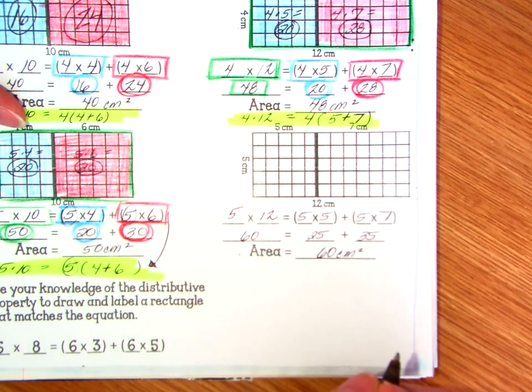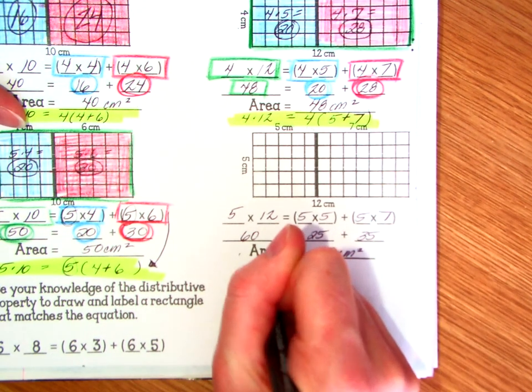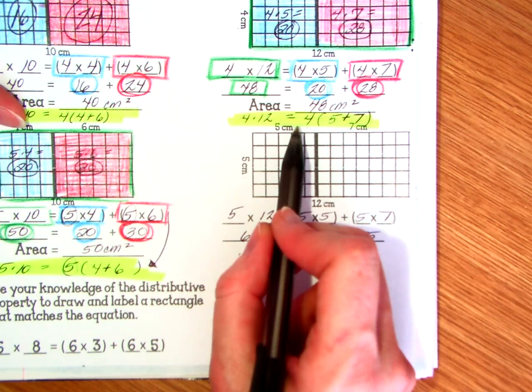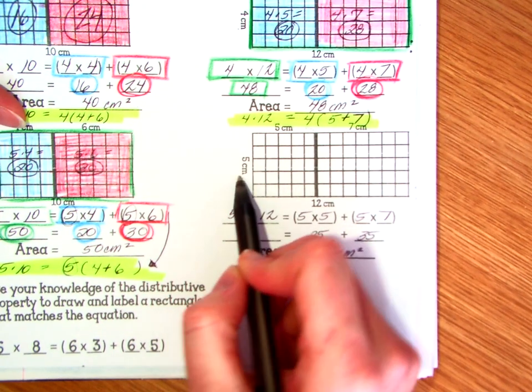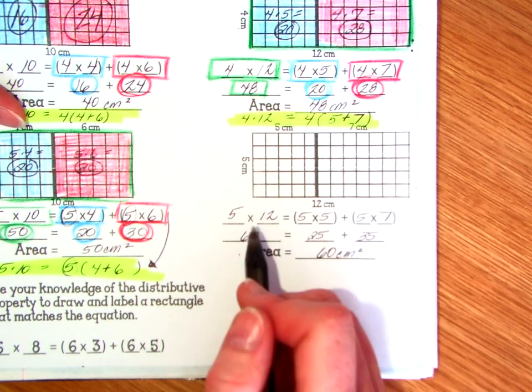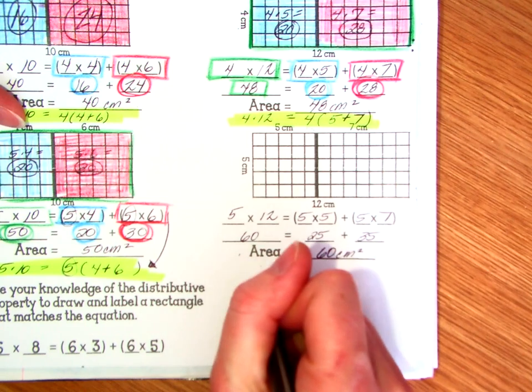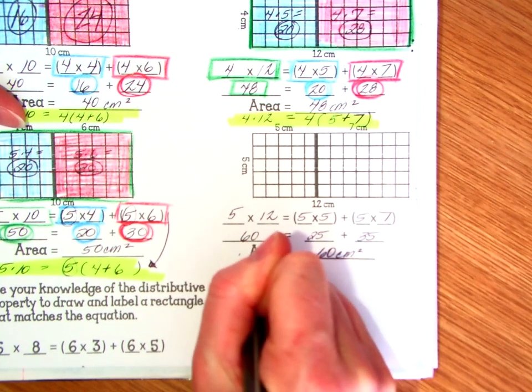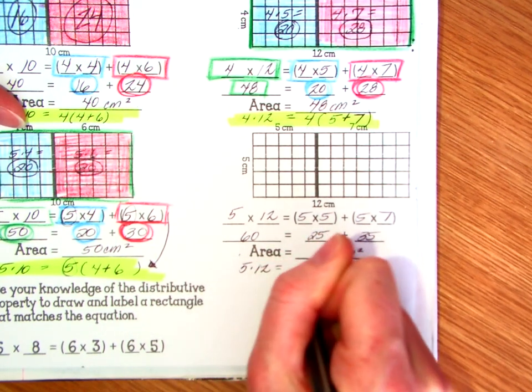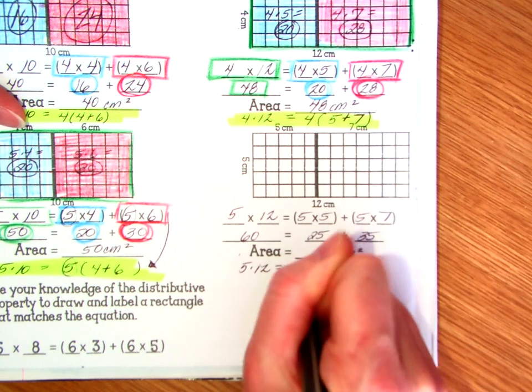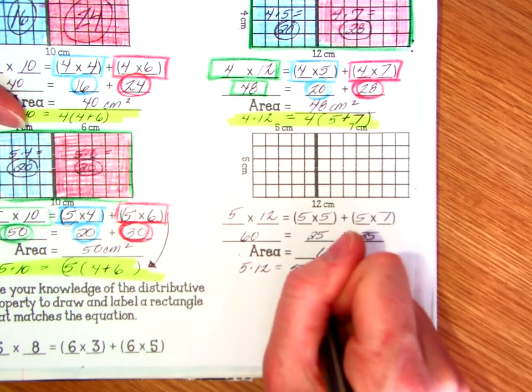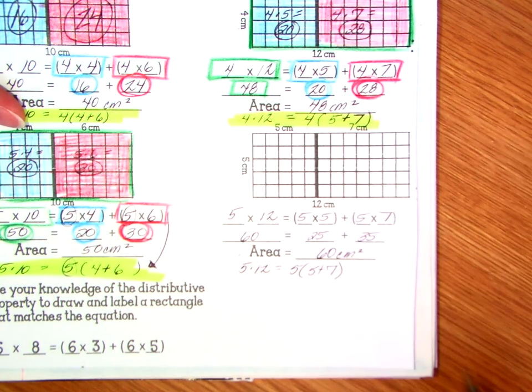What does that mean for the distributive property? The 5 is being distributed to the other 5, and this factor 5 is being distributed to 7. So 5 times 12 is the same as 5 times the sum of 5 plus 7.